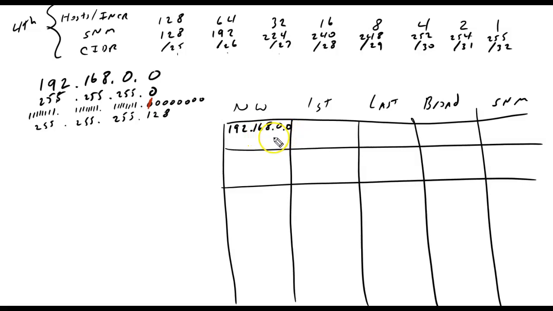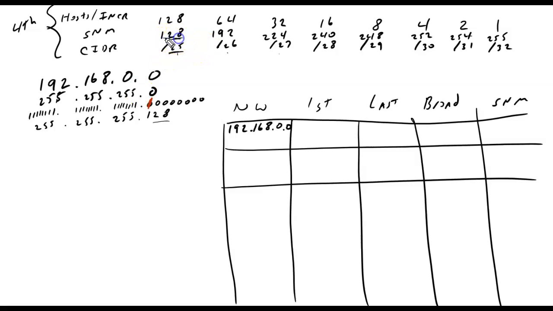What's our second network address? Well, we have to look and see what we borrowed. We borrowed 1 bit, so we borrowed now to a 128. So if this is a 128, that's right here, right? Or I could look at it another way. I could say I've got 8, 16, 24, I've got 25 ones. That's right here, right?